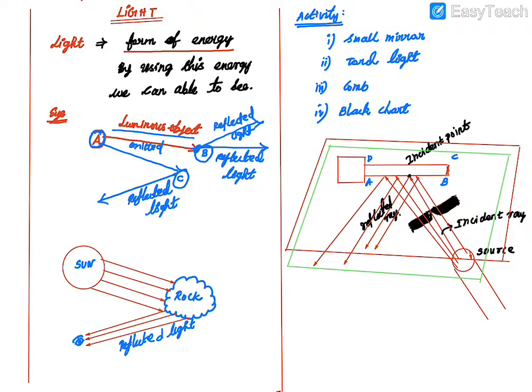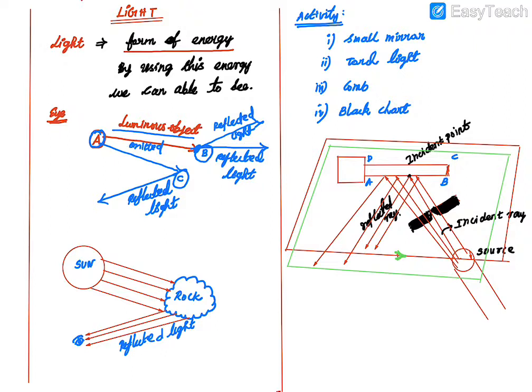This is the edge of the table. What you have to do is, at the edge you have to fold it. You have to bend this paper towards down, like this.